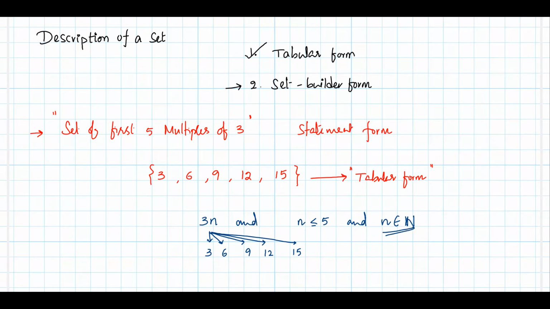If you do not mention natural numbers, it may take the rational part also. For example, it can take n value as 1.5 or 2.5. If you take 1.5, that will not be in this set, right? It will not be there in 3, 6, 9, 12, 15. So we cannot take rational numbers here. We just have to take only natural numbers, and not all natural numbers, the first 5.